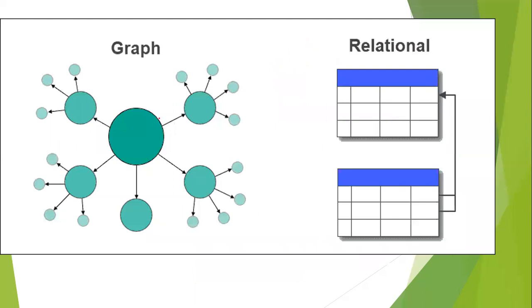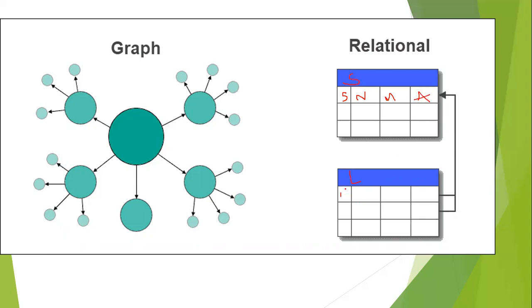Now the difference between the graph model and the relational model. In the relational model, which we discuss daily, which is a traditional model, this is a student table, this is the lecturer table. In this we have student number, student name, student marks, student Aadhaar number or phone number.